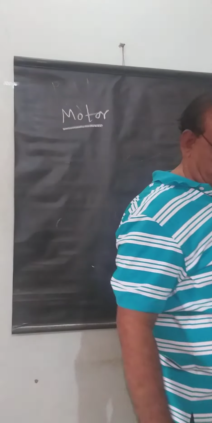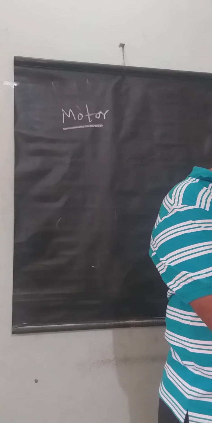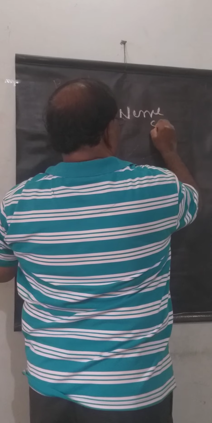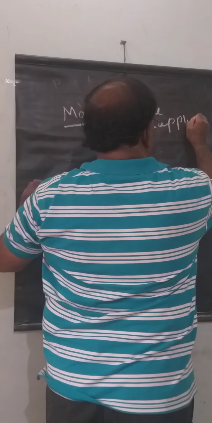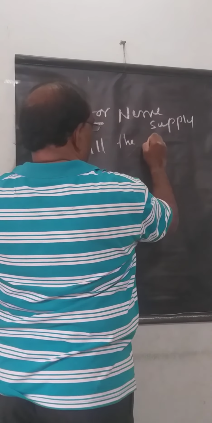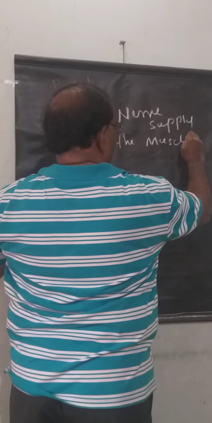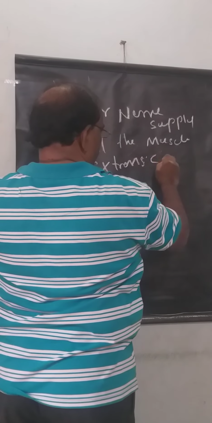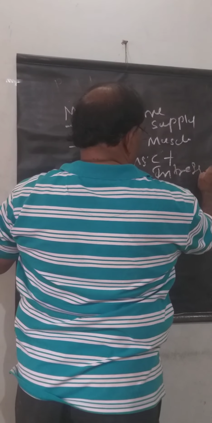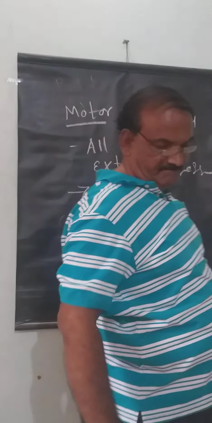All the muscles, the extrinsic and intrinsic both, whether external or internal, are supplied by the same nerve.